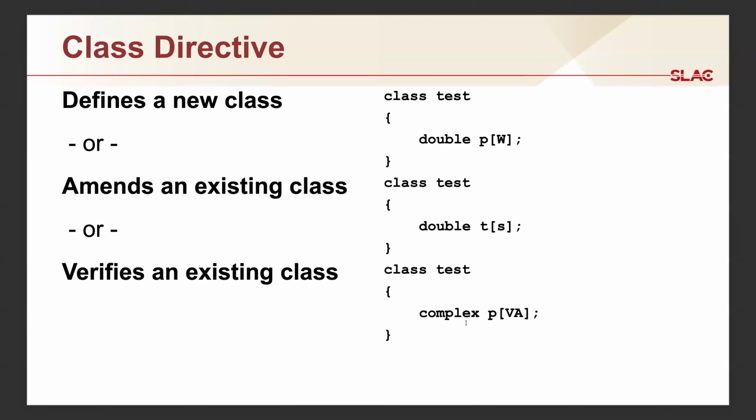And so this declaration would fail because the verification of the data type would not be successful. So this is a convenient way to ensure that the units and the data type that you intend to use for a property are compatible with the way it's already been declared. If you are doing something where the result is sensitive to the data type or the units, then this kind of verification may be useful.